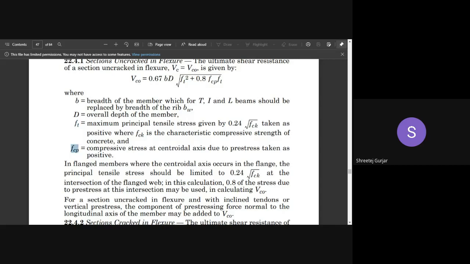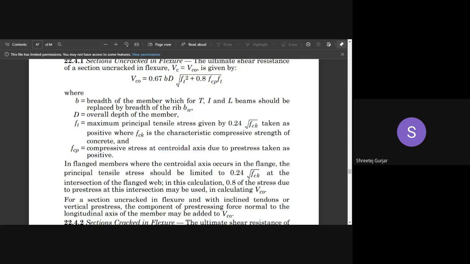No problem. Now what is FCP? FCP is compressive stress. C denotes compression and T denotes tension. So FCP is the compressive stress at the centroidal axis due to pre-stress, taken as positive.